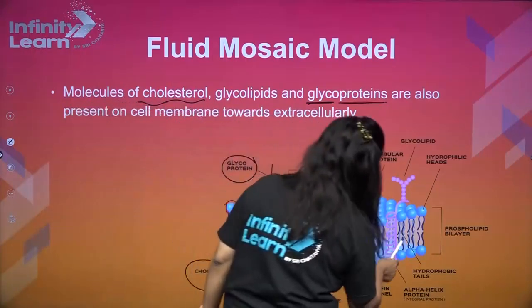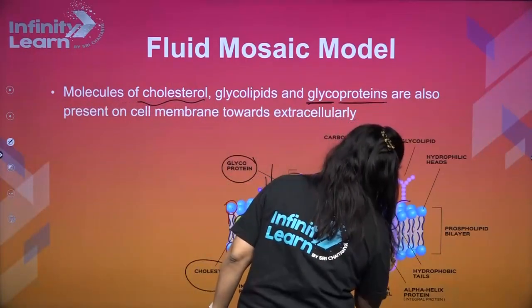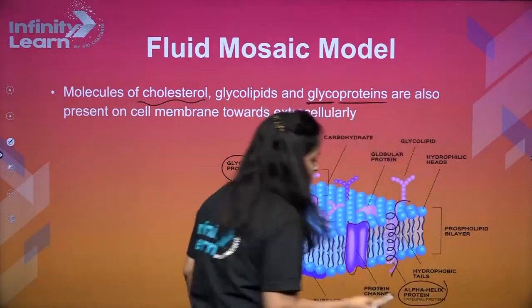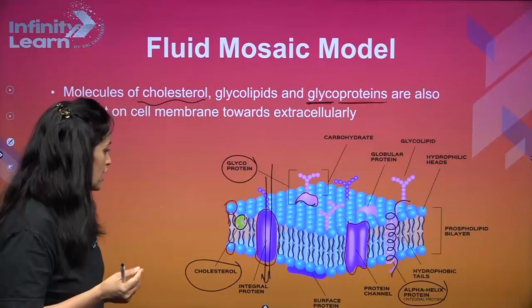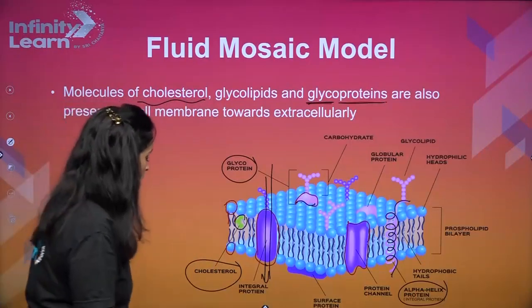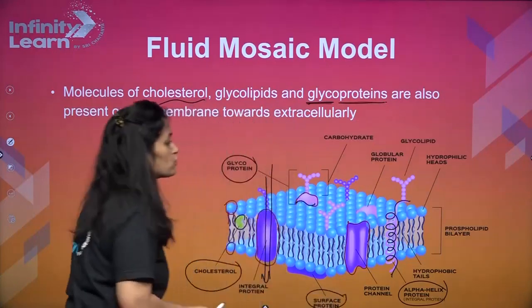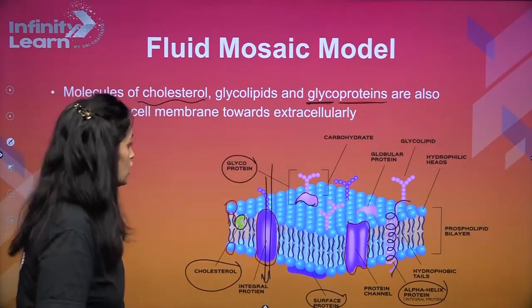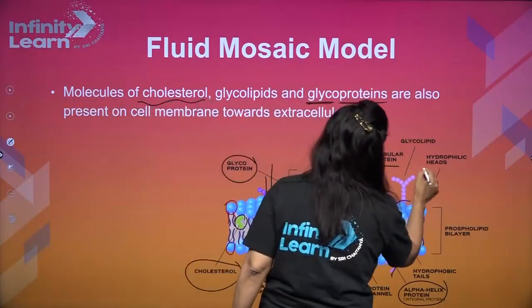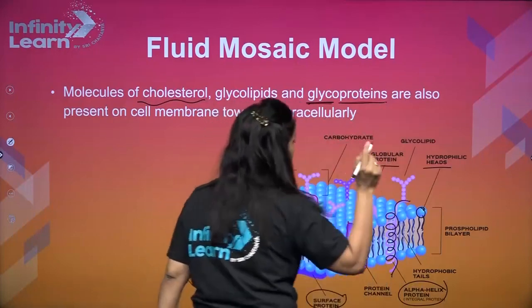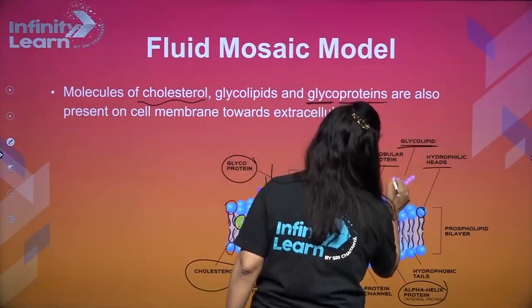There are also different kinds of integral alpha helical proteins you can see. Alpha helical proteins are basically simple kinds of proteins. And then you have the surface proteins. I told you already, the extrinsic proteins are also called surface proteins. Globular protein, hydrophilic heads of the phospholipid bilayer, and glycolipids as well. What are glycolipids, guys?